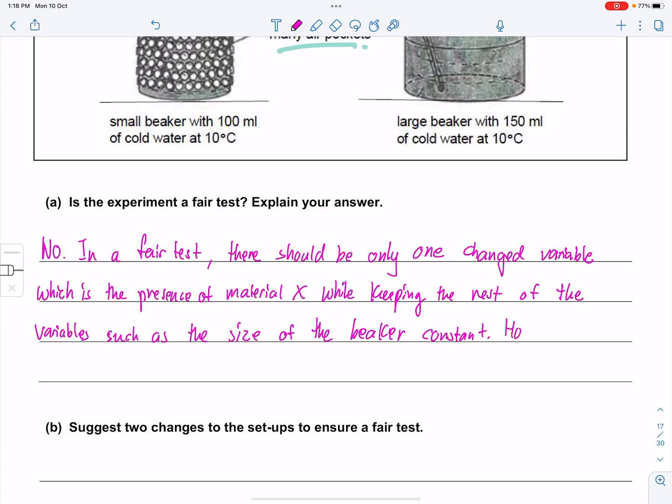However, in this experiment, so what was it that was different?